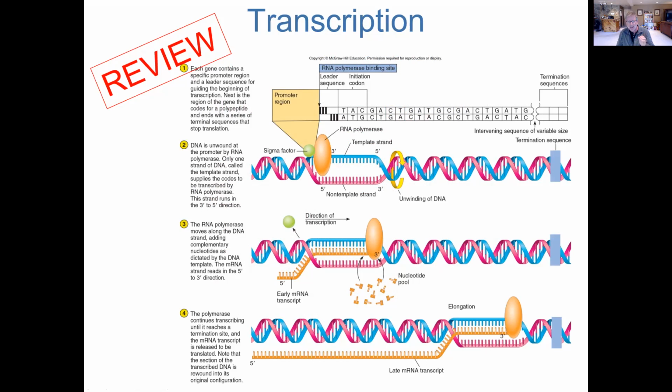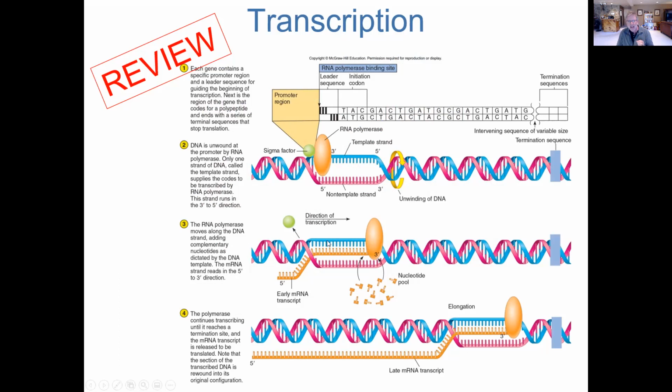In place of thymine, we use uracil. So don't forget that. So to review, if you have a cytosine in the DNA, you'll have a guanine here in the RNA. If you have a guanine here, you'll have a cytosine here. If you have a thymine here, you'll have an adenine here. If you have an adenine here, you'll have a uracil in the RNA base.